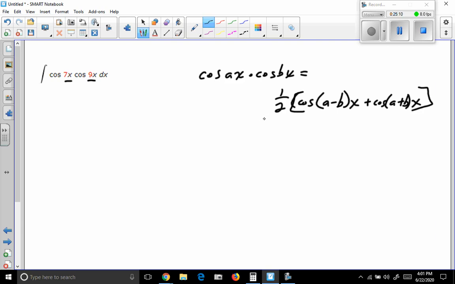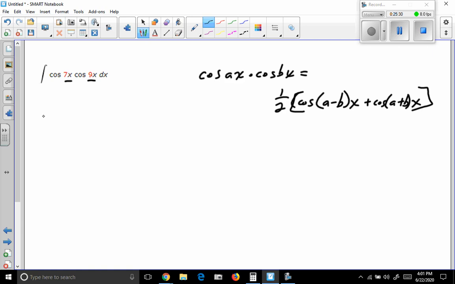There are also ones for if they're both sine, and there's one if one is sine and one is cosine. Again, those are formulas that would be in your book.